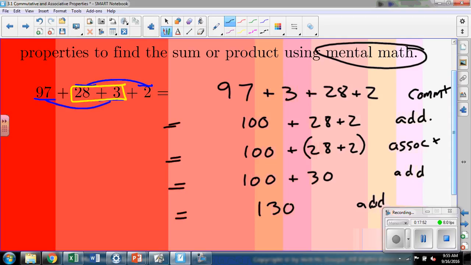When you look at the numbers, you should quickly identify 97 and 3, easy, that's 100. 28 and 2, easy, that's 30. Cool, 100 plus 30 is 130. It shouldn't take very long. Writing it out, though, shows that you recognize all the processes, all those quick steps, and you're slowing yourself down to show us that you've got the thought process that puts it all together.